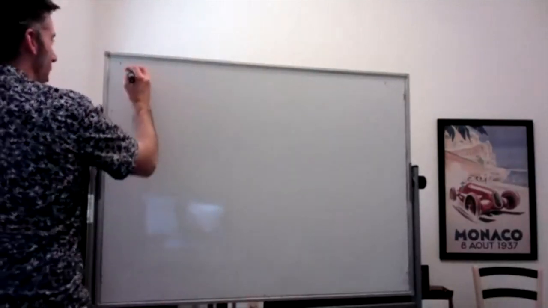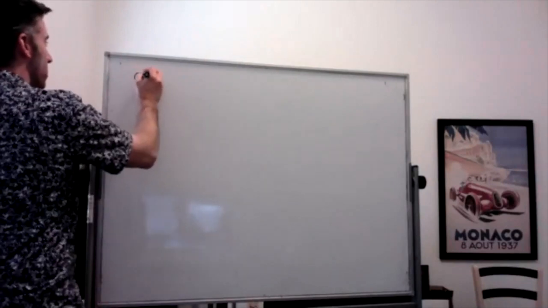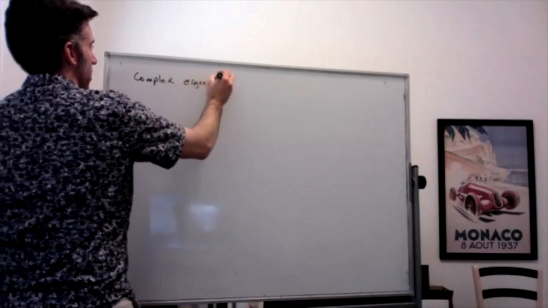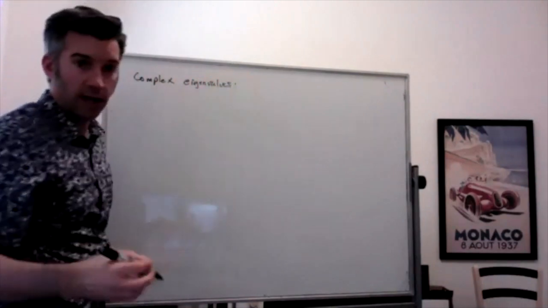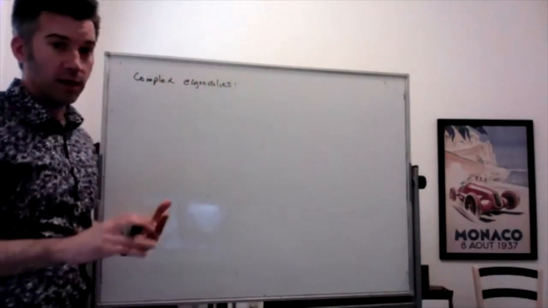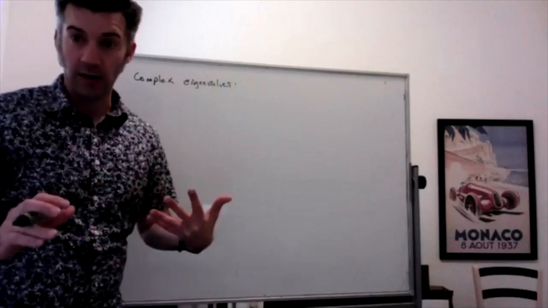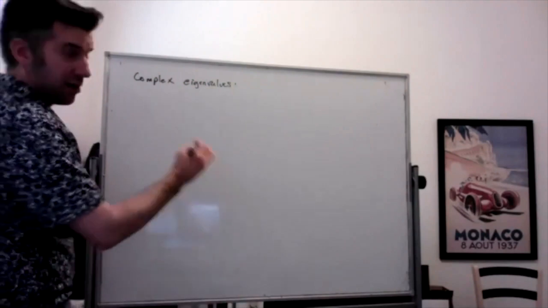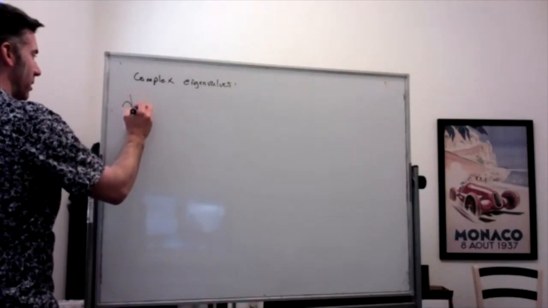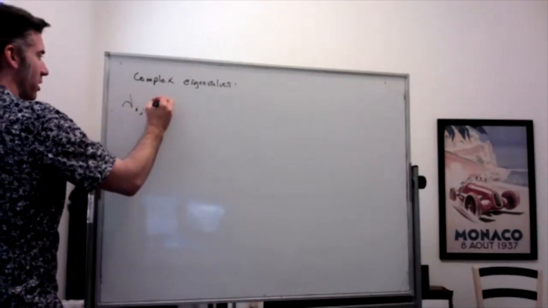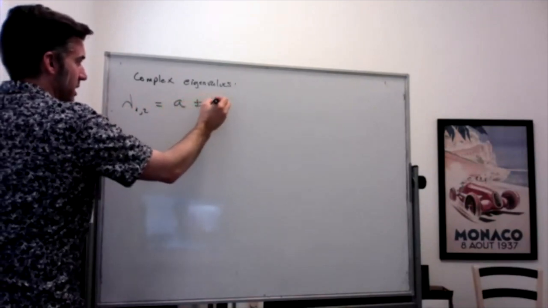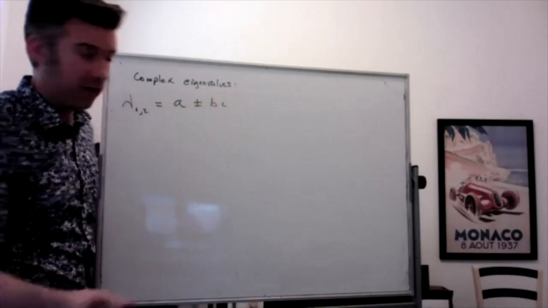Let's say our complex eigenvalues have a real part and an imaginary part, and they always come in complex conjugate pairs. Meaning, they're always going to look like lambda 1 and lambda 2 equal to a, which is the real part, plus or minus b times i, which is the imaginary part.